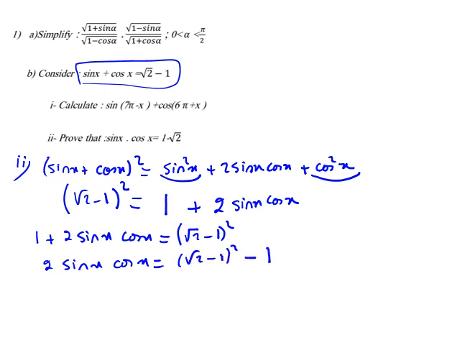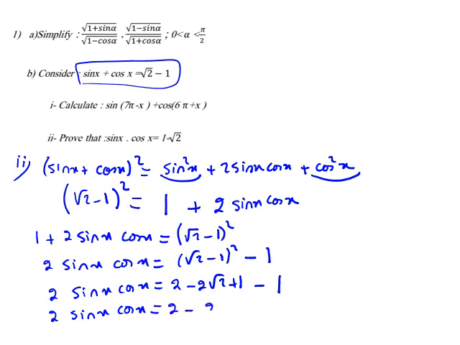Use the remarkable identity: 2 minus 2 radical 2 plus 1 minus 1. 2 sine x cosine x equals 2 minus 2 radical 2, since 1 and minus 1 give 0.